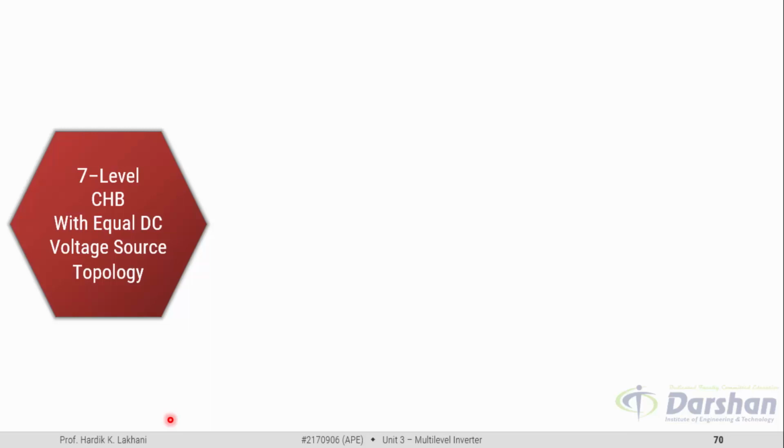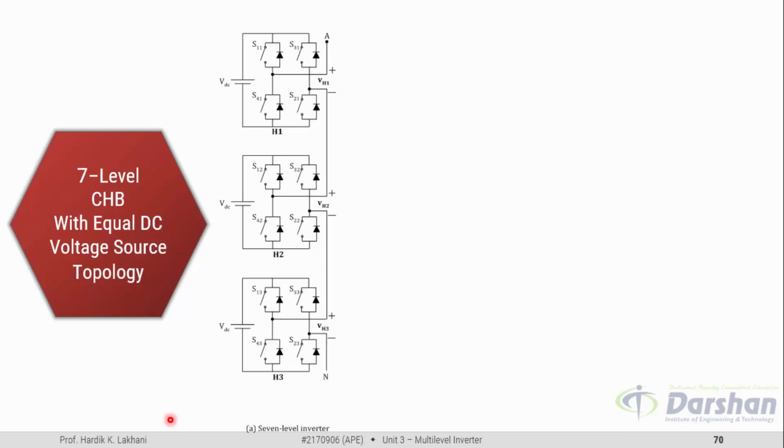Now, moving from 5 level to 7 level, let us see the diagram of a 7-level CHB with equal DC voltage sources. With the help of 2 H bridge units, we can produce 5 levels, but to produce 7 levels across the output terminal, we need a similar type of 3 H bridge units, and all of them must be connected in cascaded or series manner.